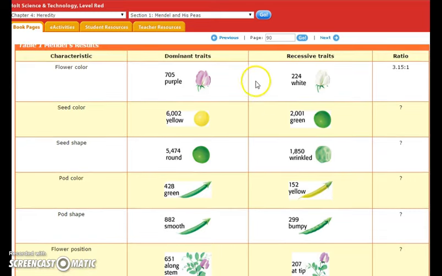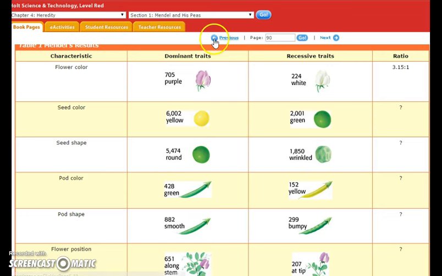The ratio is done for purple to white by dividing purple by white. We get a number that is around 3.15. So, that means that for every 3.5 purple, there is one white. If you do the calculation for all of these, you will find a ratio similarly around 3 to 1.